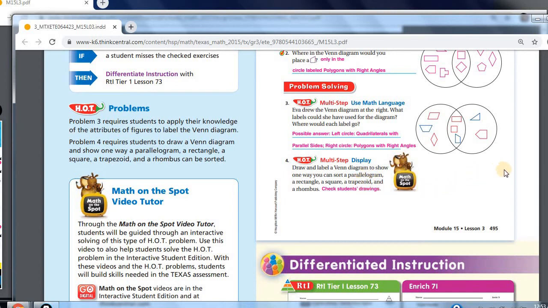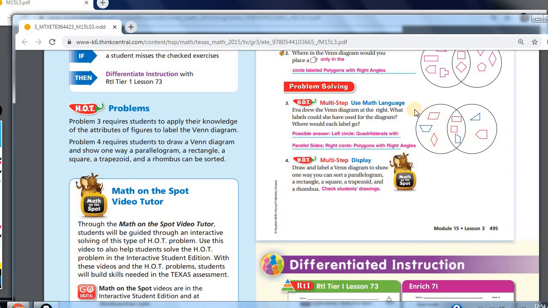Or polygons with no right angles, or polygons or quadrilaterals with all sides the same length, or quadrilaterals with right angles. So there's a vast number of ways to create these Venn diagrams.